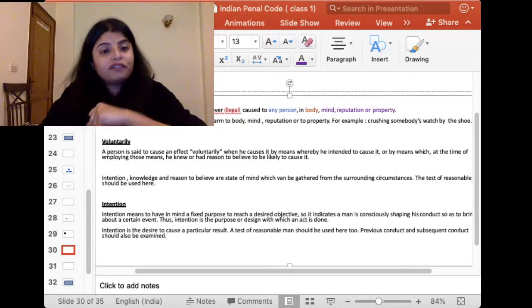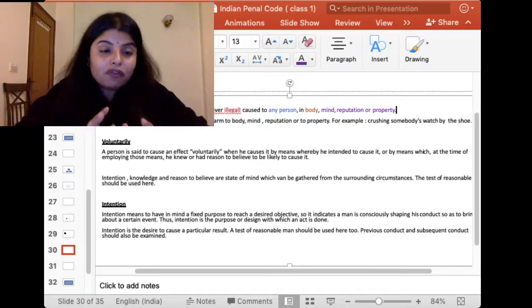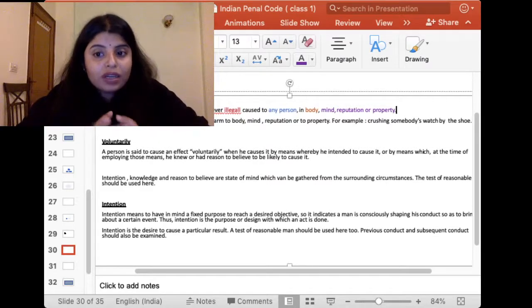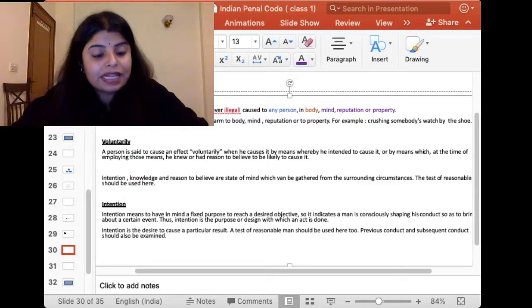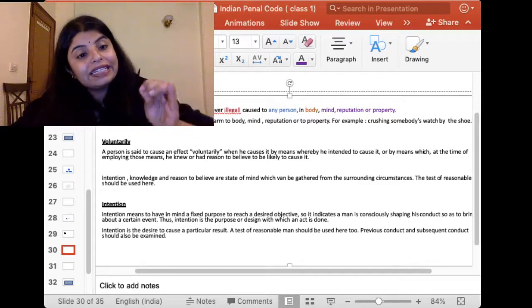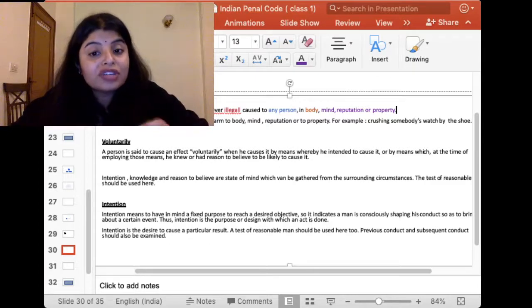Next important definition here is voluntarily. Now, what is the meaning of voluntarily? Voluntarily shows your mental state. If I say that you have done an act voluntarily, that means either you had intended to do it, or you had knowledge, or you have the reason to believe.